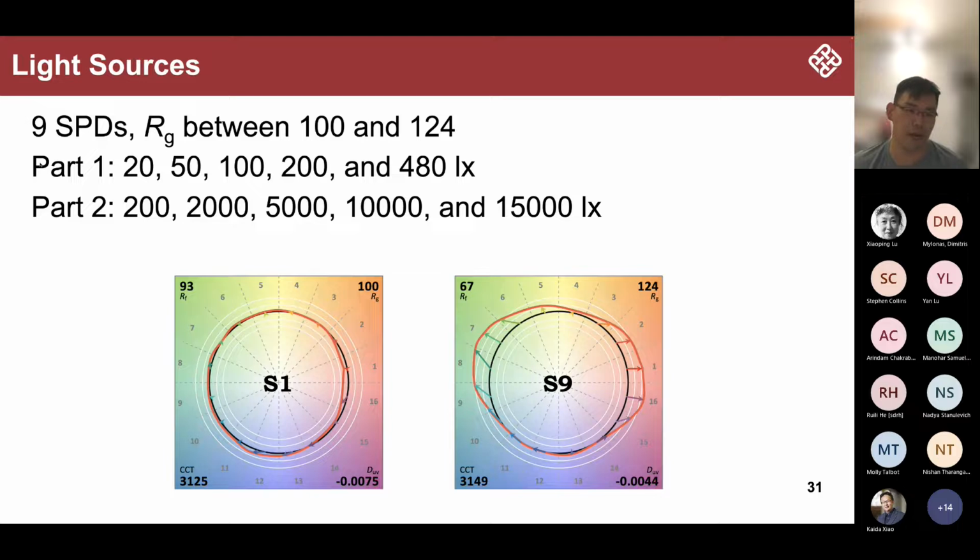Under 20 lux, they experienced a 2-minute adaptation, and then they switched among these 9 different spectral compositions and said, okay, I prefer the artwork under this SPD. Then we recorded such judgment. We repeated this procedure under each light level, and then we took the average of all the Rg values selected by the observers.